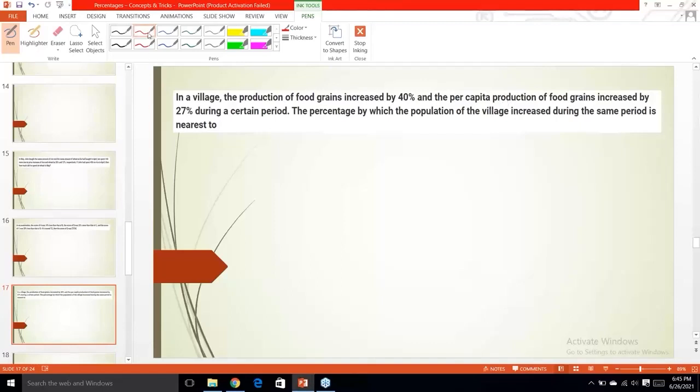So the idea is that per capita consumption into the population is the total food grain production, right?